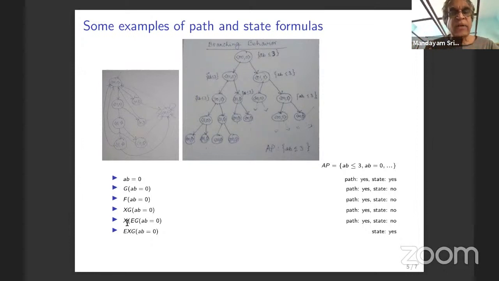The other is that by putting certain restrictions, I can make the task of checking whether a particular model satisfies the property reasonably efficient. These are the two guiding principles. Your question was why you have two kinds of formulas, and I hope I have answered that.